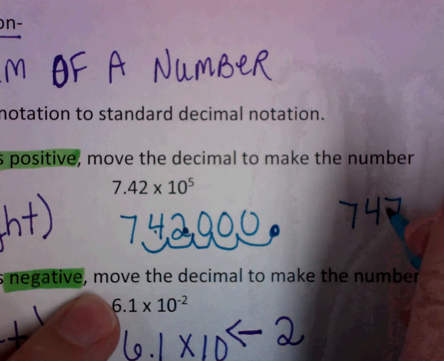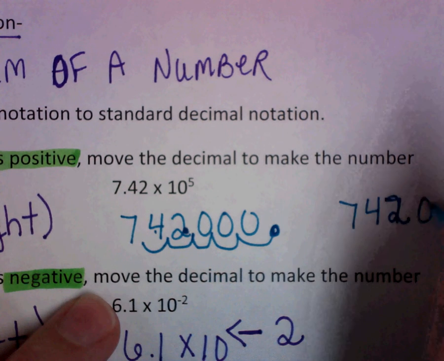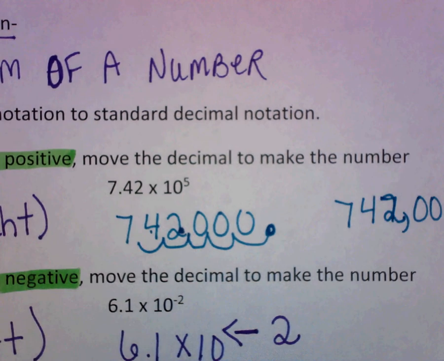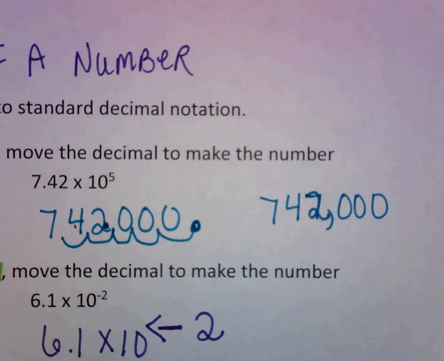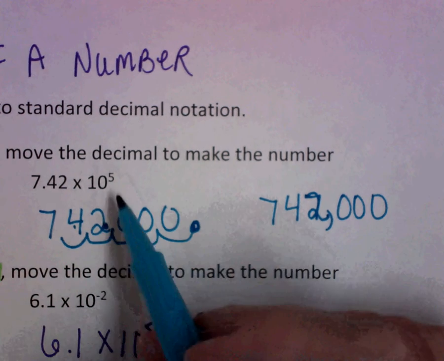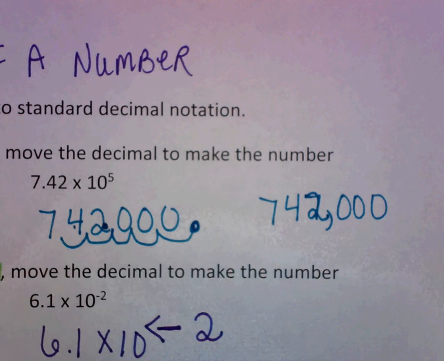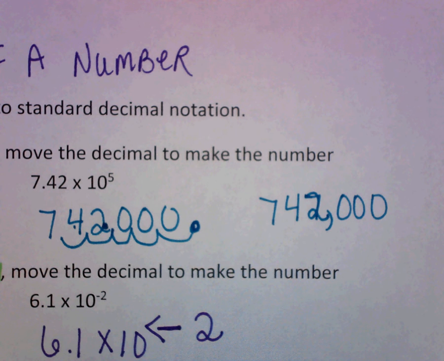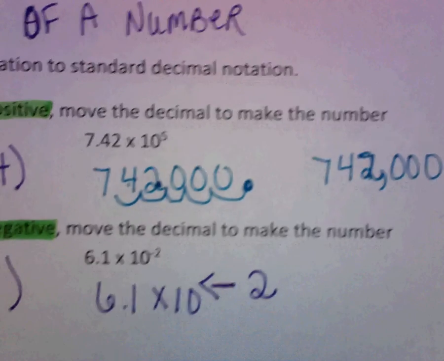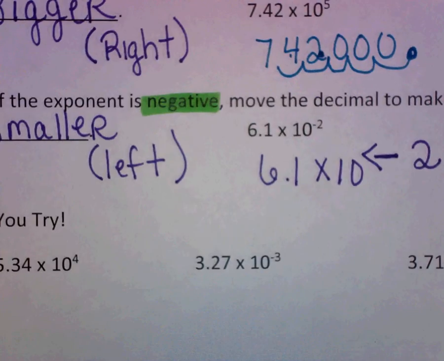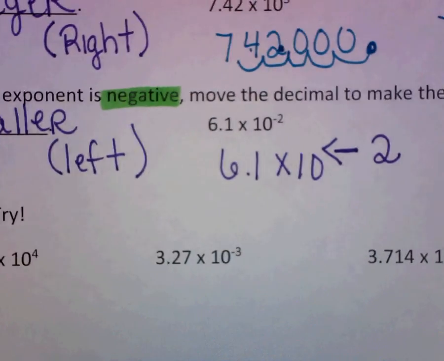And so in standard decimal notation, it is 742,000. I want you to notice we didn't put 5 zeros on the end. The exponent does not tell us to put that many zeros. Let's look at the next one, the negative exponent.